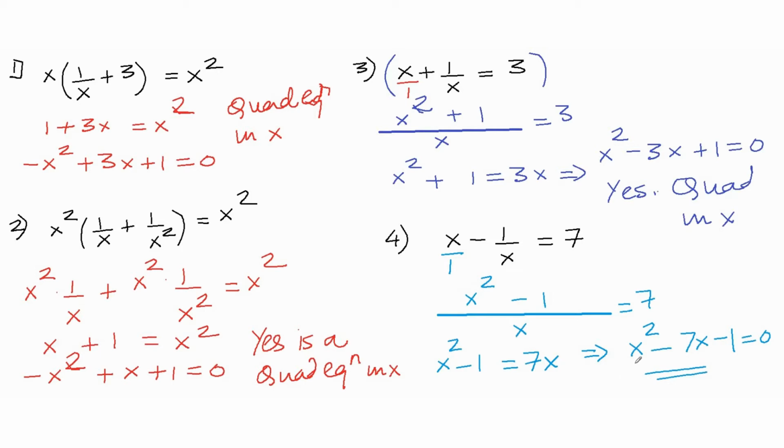And you will notice that yes, this is a quadratic equation in x because the highest degree of x, or the highest power of x, is equal to 2. So if the degree of that particular polynomial is 2 and if you see an equality sign, then it is definitely a quadratic equation.